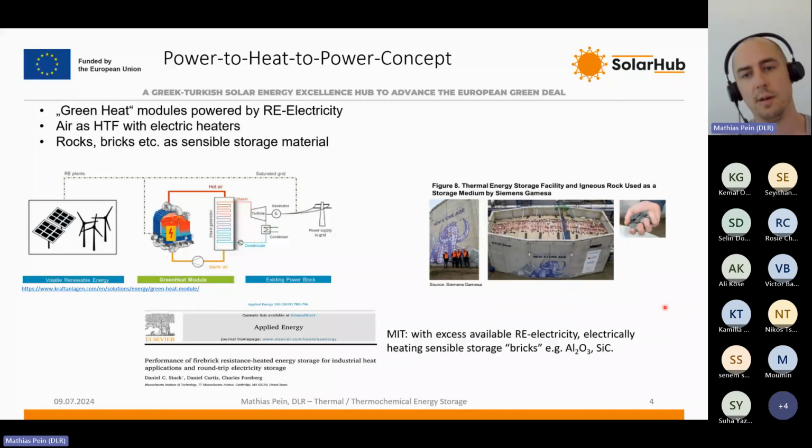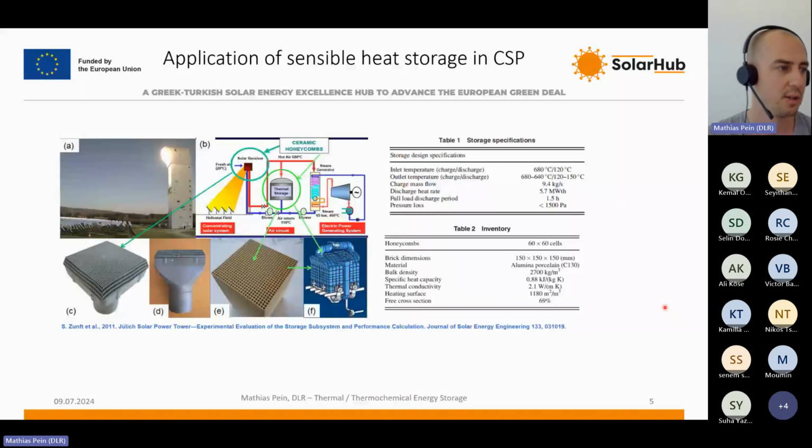And most of this work has been done with readily available materials such as aluminum oxide, cement, bricks made out of construction waste. So that's one easy way to access inert or sensible heat storage media.